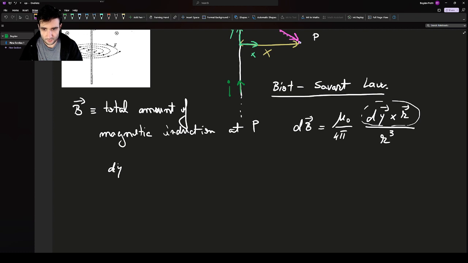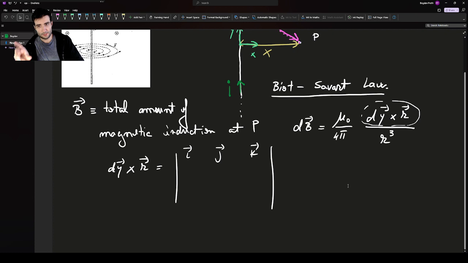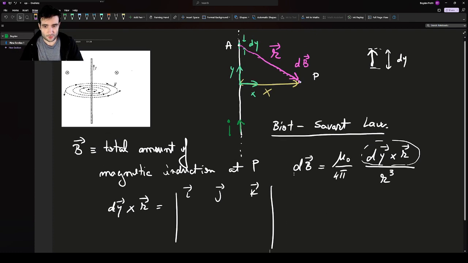So we have dy cross product with r equals, so we're going to use the usual formula, which is the determinant of ijk, and then we have to put in the first row the components of dy, right? So dy is pointing upwards, so it has a j component only, and the length is just dy.